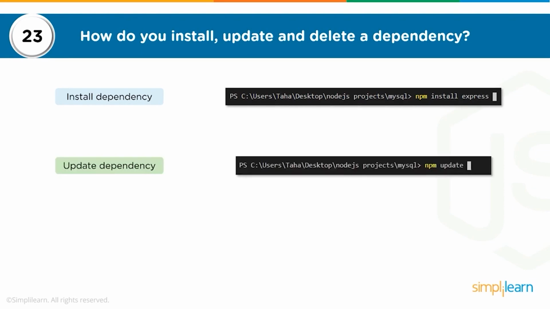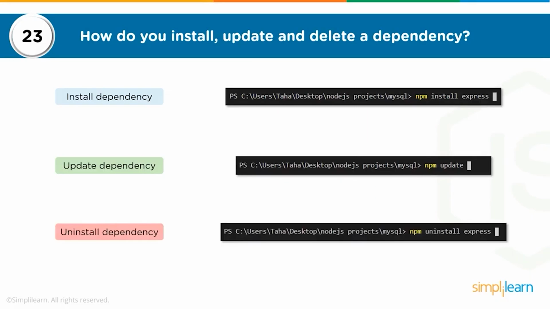If you want to update the dependencies within your Node Package Manager, to update all of them, all you have to do is write the command npm update. And then if you want to explicitly uninstall a dependency such as Express.js, that's using the uninstall command. So that would again be going to the terminal window and typing npm uninstall express.